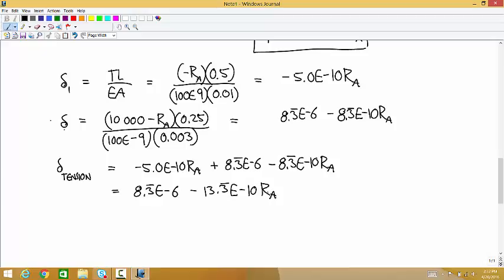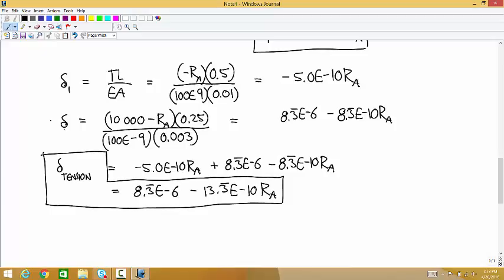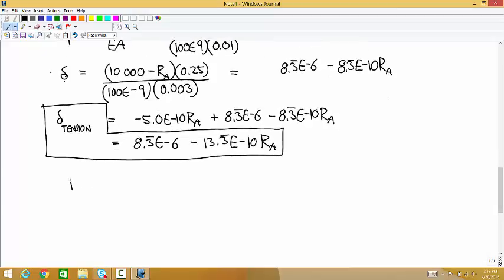You can't put that equal to 0 yet, because the total elongation is the sum of the elongation due to the forces plus the elongation due to the temperature change. So we have to add them all together. And now the temperature change.